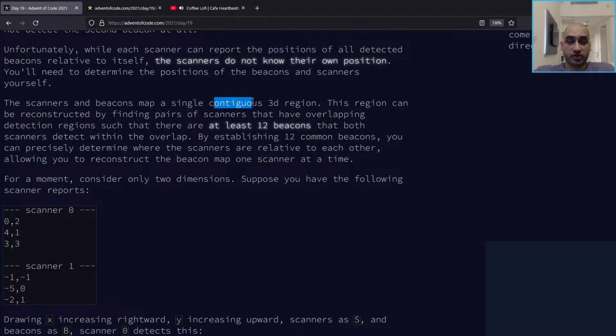Could even be in a donut shape with a big hole in the middle. Or you could find the ones that have 66 matching distances between beacons. 12 choose 2.